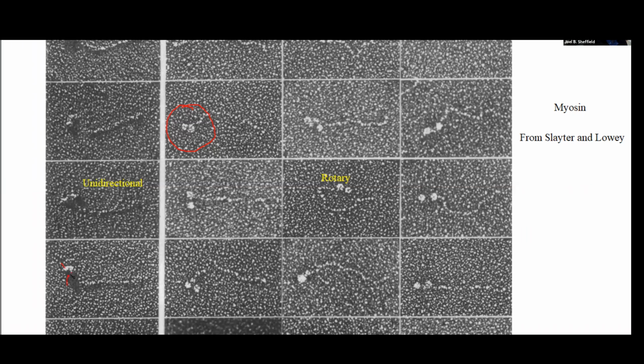That is to say, they were shadowed in such a way that the shadow came from one direction. Now, these are individual pictures, and they have carefully lined them up so they look about the same. But the idea is that the direction of the shadow in all of these three is roughly this direction. Okay?